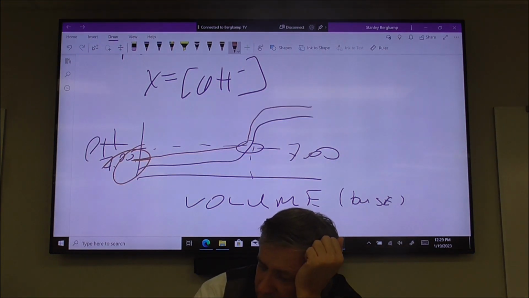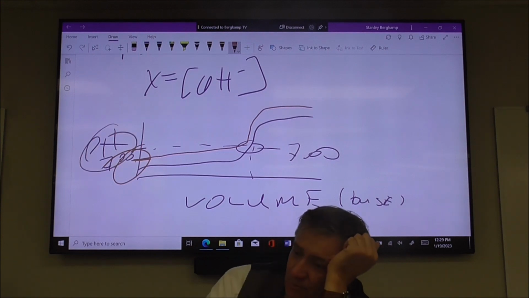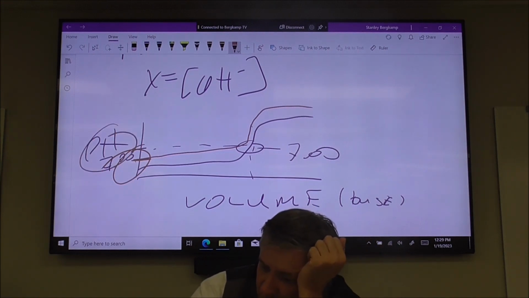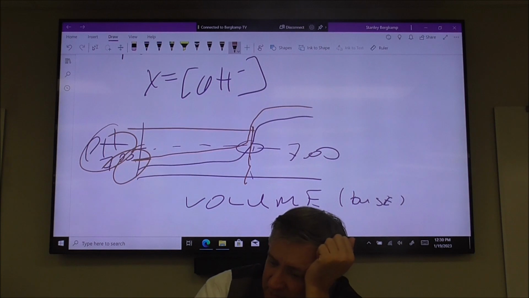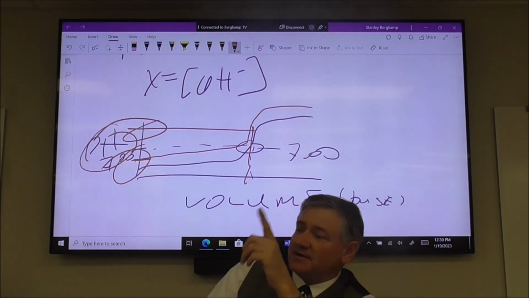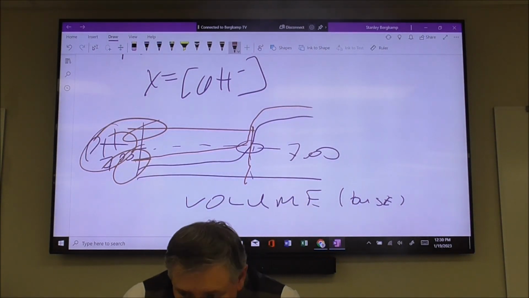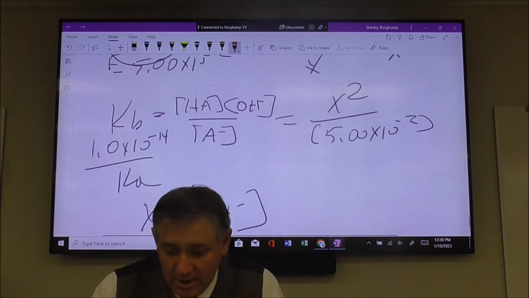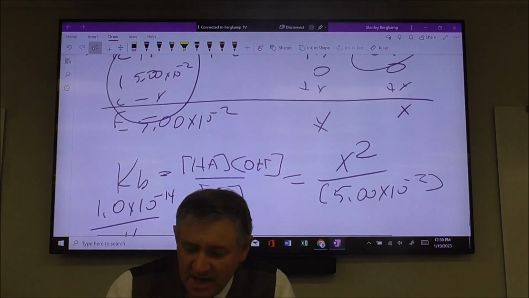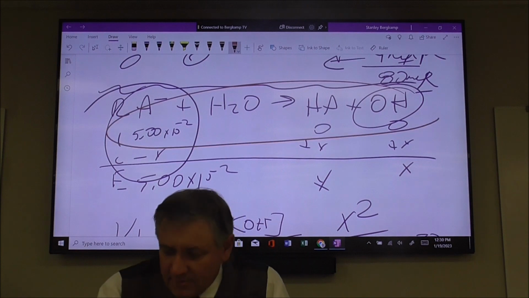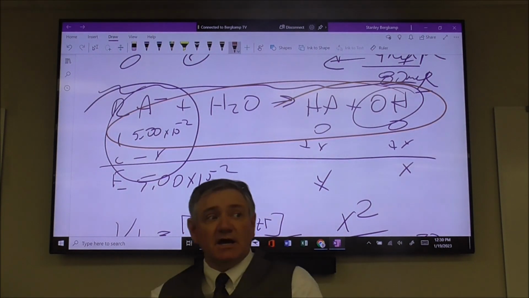What's going to happen if it's a weak acid, that equivalence point is going to be higher than 7. And the reason that it's higher than 7 is the fact that you start a secondary reaction that generates hydroxides.